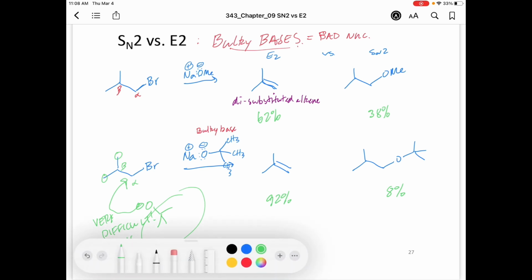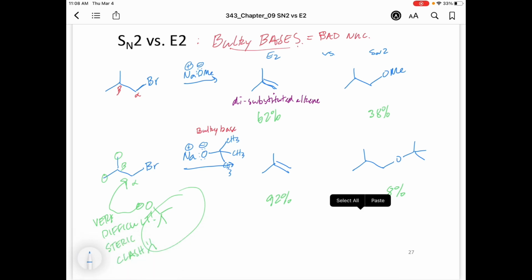As a small aside, you can actually use this base for SN2, but it's very particular. You can make this work if you have a really unhindered alpha carbon.